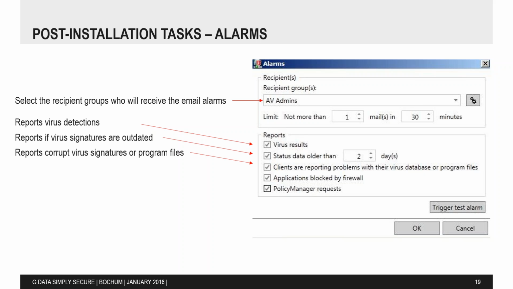The next one is reporting on corrupted virus signatures. Now and again, during the download process of the virus signatures, there could be an internet outage or whatever. The virus signatures on the management server might be corrupt. In some cases, the management server will actually distribute the corrupt virus signature databases.